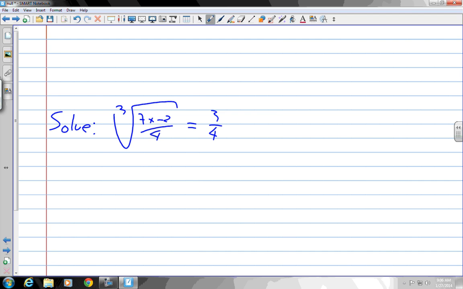Yeah, you'll cube both sides to get rid of the cube root, right? Then you'll probably multiply by 4 to get rid of the 4. Then you're probably going to add 2 to get rid of the 2, and then you're going to divide by 7, right? Because what are you trying to get? You're trying to get x on one side, right? That's the idea behind solving equations, right? When you solve equations, this is really awful.